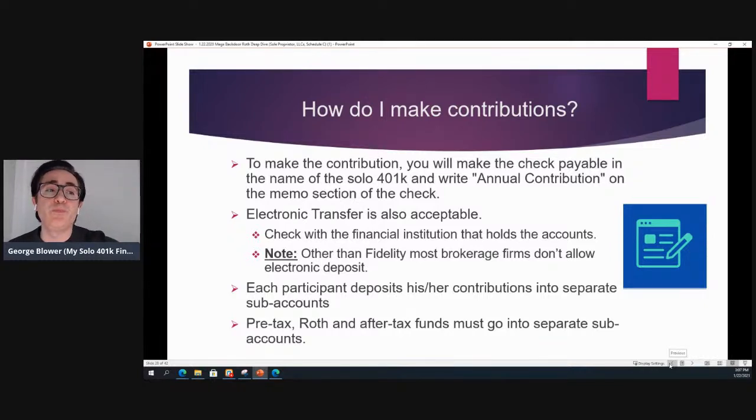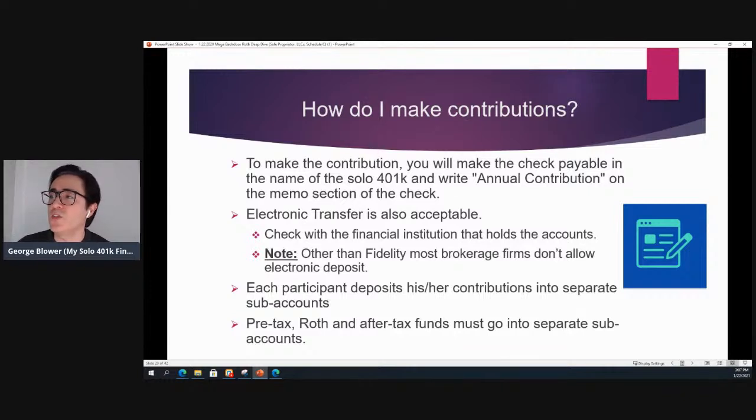So assuming that they have the self-employment compensation to justify it, and assuming that they haven't already used that employee contribution limit, because let's say they didn't make that employee contribution to their day job, you could make that $6,500 catch-up contribution. Catch-up contributions are always made as employee contributions. So they would go into either the pre-tax account as a pre-tax employee contribution, or it could go in as a Roth employee contribution.